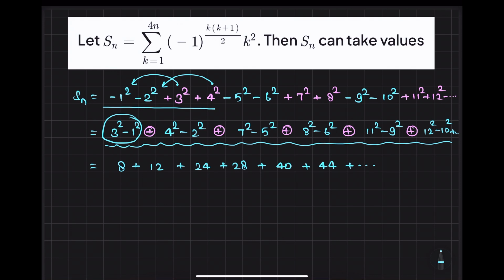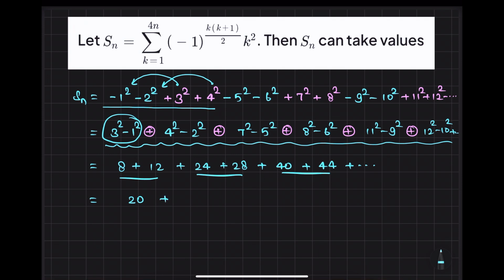Now what I will do, the gap is 4, the gap is 4, the gap is 4, and this gap is 12, this gap is 12. So it is not a proper AP. So for the time being, I will add these two things, so it will become 20.